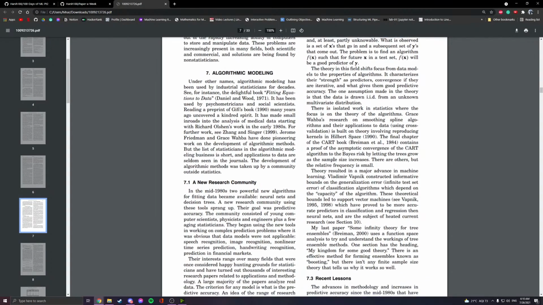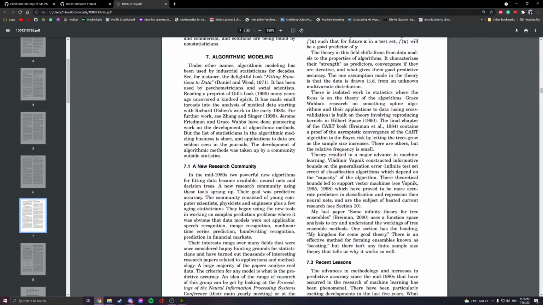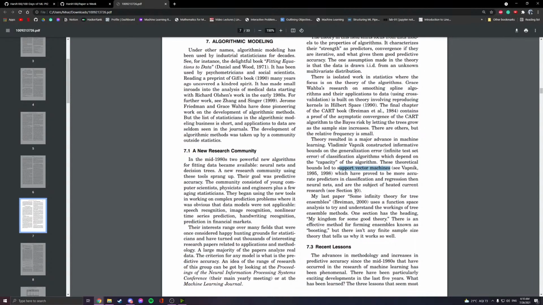By making this shift in thinking, instead of just focusing on the model and trying to fit it, they were able to come up with a lot of interesting new discoveries. One of them is SVM, support vector machines, which have done a great amount of work in the past few years.